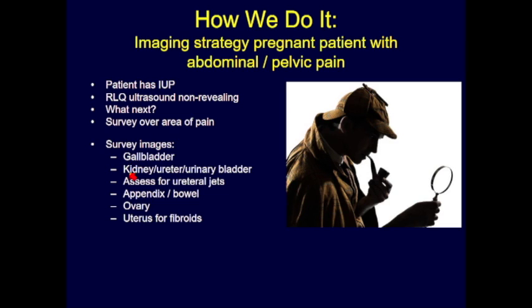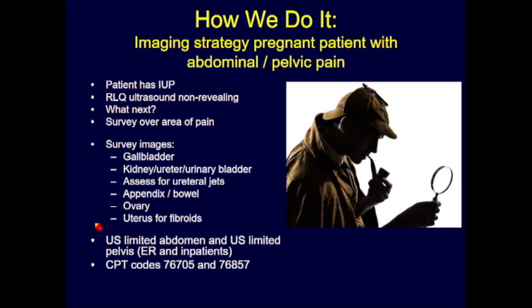We look at the kidney for stones, pyelonephritis, perinephric fluid, examine the ureter, look at the urinary bladder for debris, look for jets, make sure that the appendix and the adjacent bowel look normal, look at the ovary, make sure that it also is normal size without signs of hemorrhagic cyst or abnormal corpus luteum, and also important to look for any fibroids or masses within the pelvis.